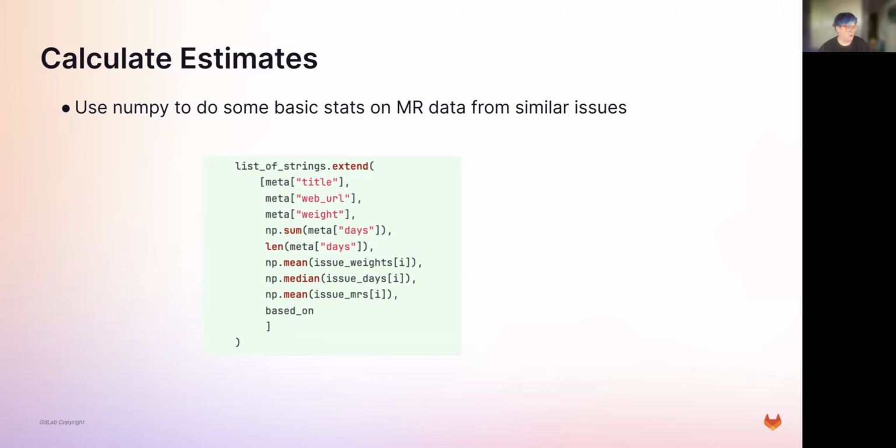We start with the weights. We take the mean of the weights on the similar issues. To calculate the days, I'm taking the number of days that an MR was open and finding the median of those.